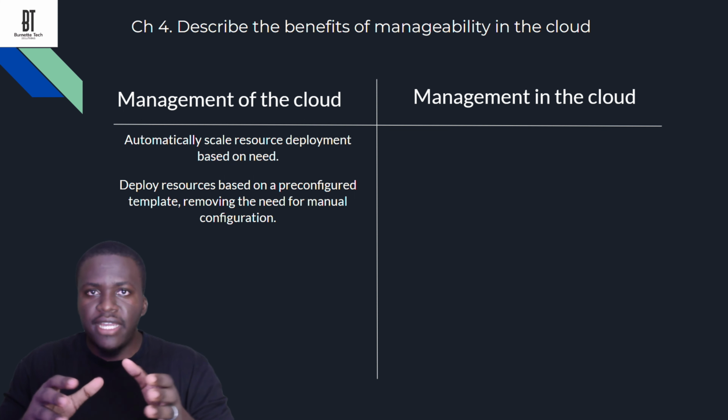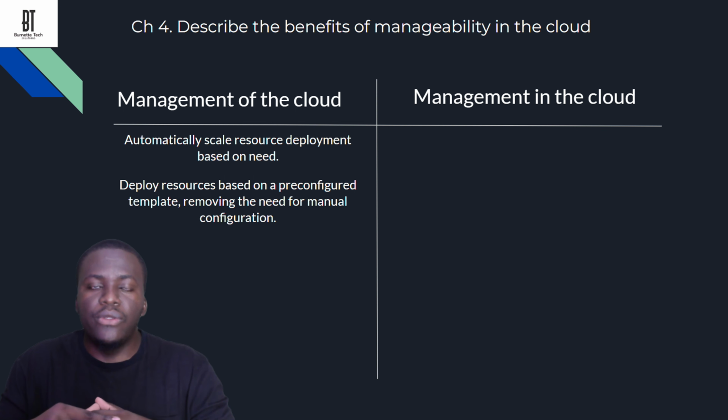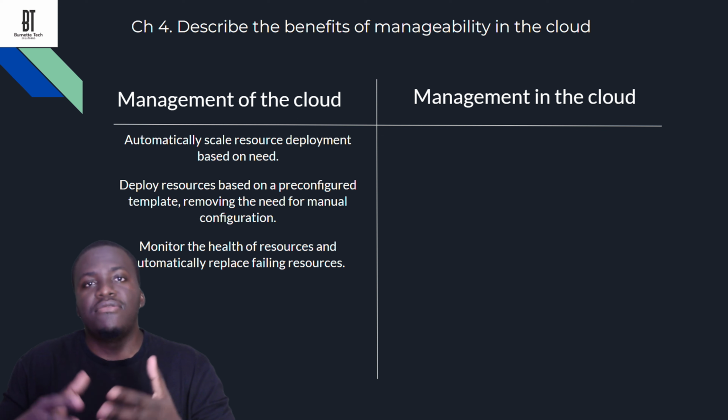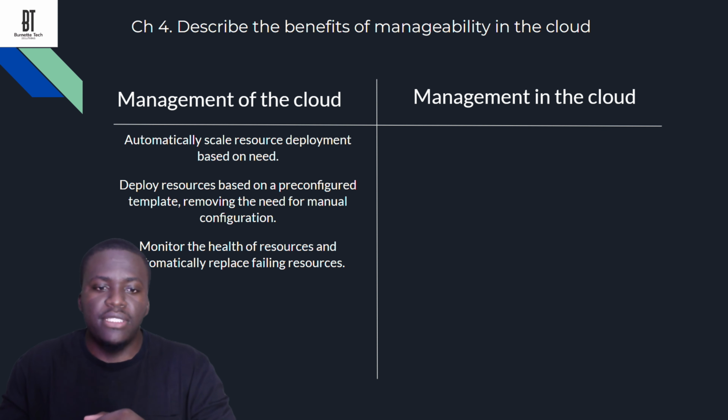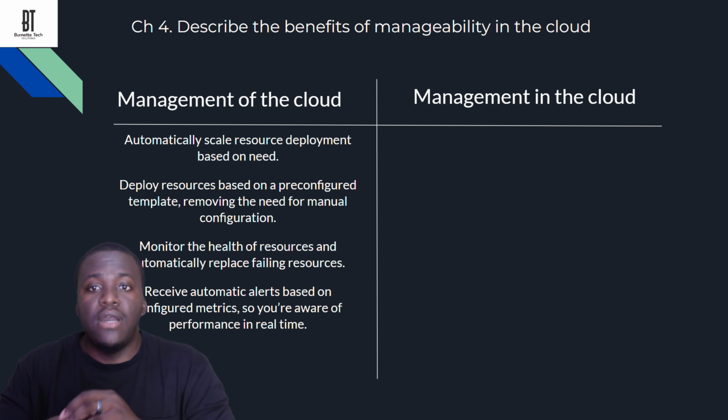You can define templates with code, and you call that infrastructure as code, and you can deploy it in your cloud environment. You can monitor the health of your resources and automatically replace failing resources. And you can also receive automatic alerts based on your configured metrics, so you're aware of your performance in real time. So that's what it means by management of the cloud. You are managing your cloud resources.